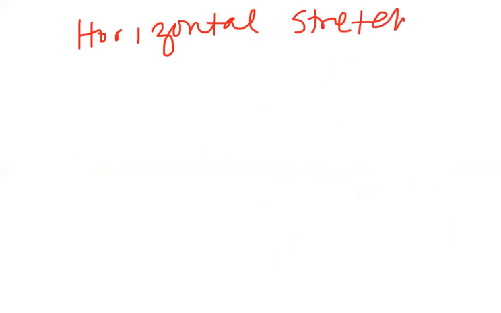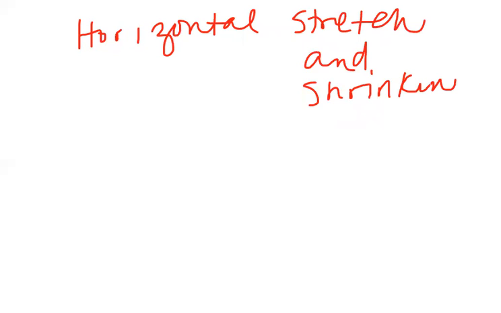So that's it. And then last but not least, there is a horizontal stretching and shrinking too. Now, this one happens inside the function. It's happening inside f of x.